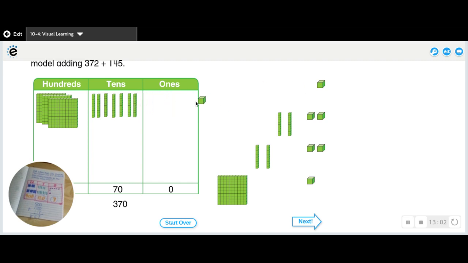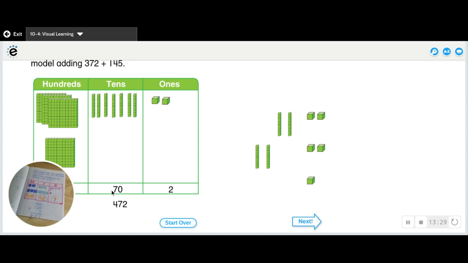Now our 2 ones in the 372. Okay. Now let's put in our number 145. So we're going to add our 1 over here. And down here, you can't see it because my little bubble is in the way. But if you look down here, if you were able to see it, you would see that it has 400. Okay. It would have 400 in this green box.